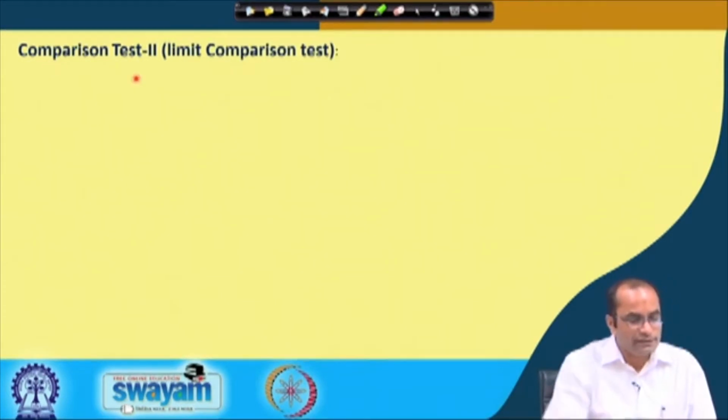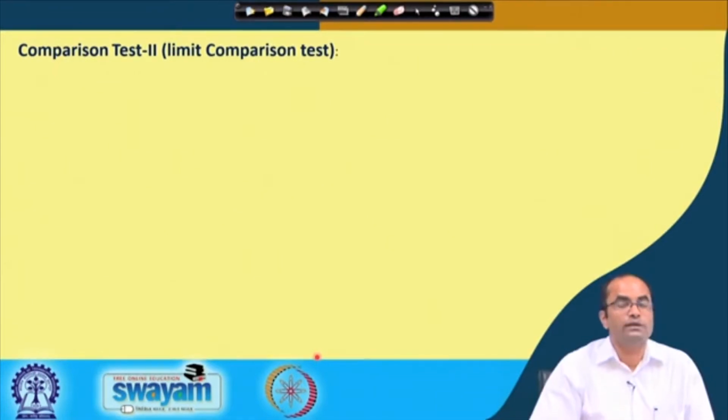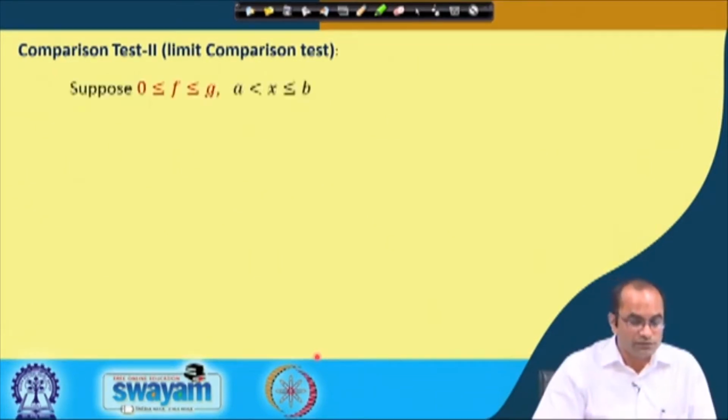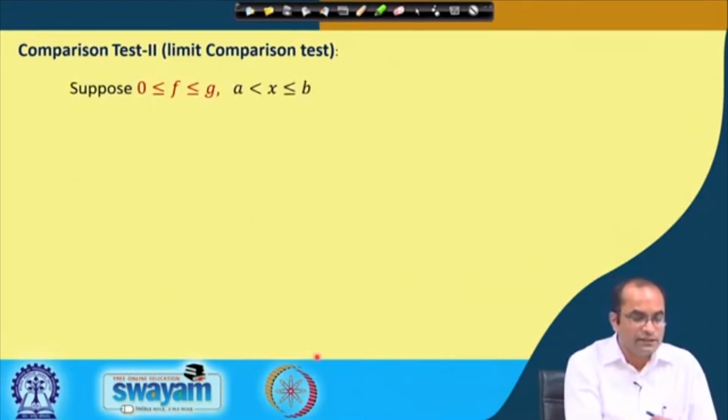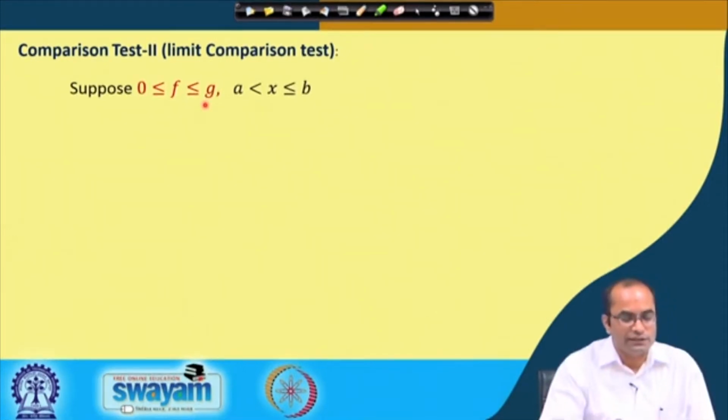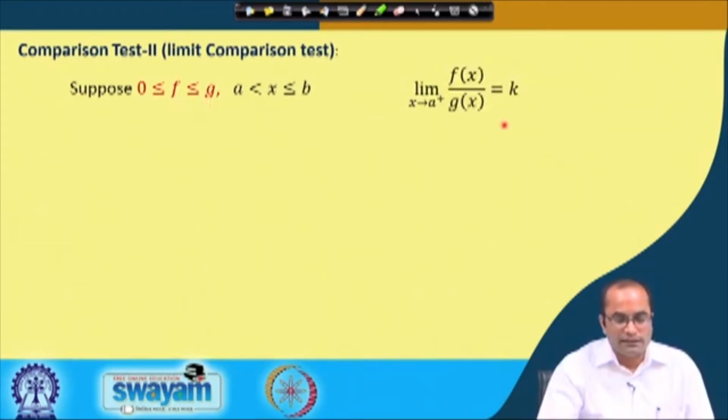There is another test, which we call comparison test 2, or the limit comparison test. Again we consider the inequality that f is taking non-negative values and g is taking larger values than f. In that case we compute this limit as x approaches a plus, because our problem was when x approaches a.